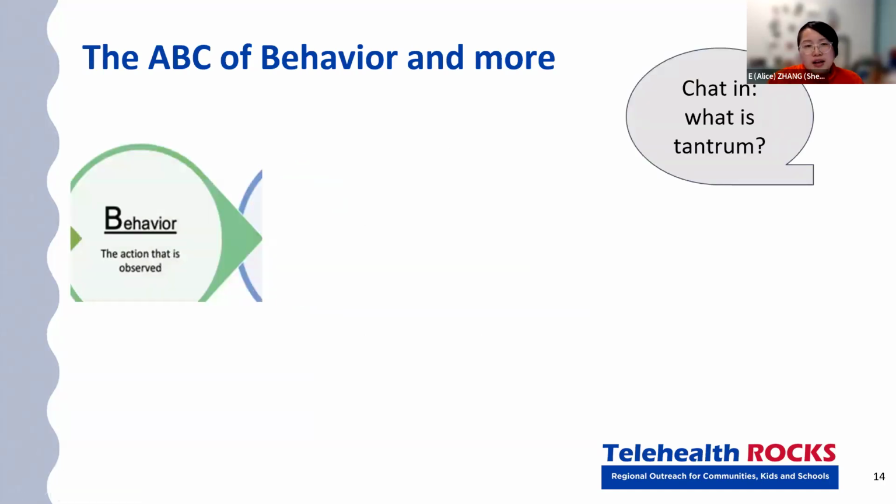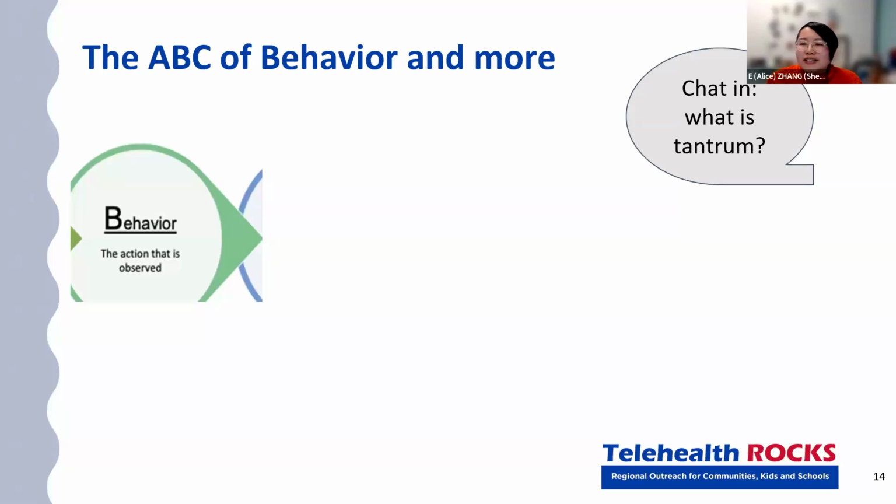When we talk about behavior, the behavior that we are trying to address or of interest, it is really crucial to operationally define it so that everyone working with the child can consistently observe, measure, and address the same behavior. So here is a quick interactive activity.